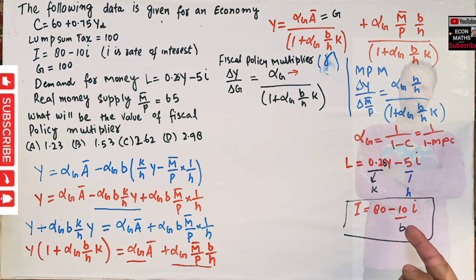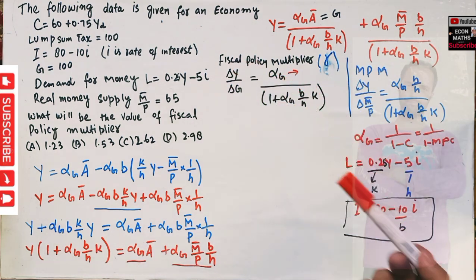So what does this tell us? This is the investment function, which is a negative function of the rate of interest. It shows us the responsiveness of investment to a change in the rate of interest. Simple thing. You don't need to do all this. If you can remember this formula, just plug the values here, and you can find the fiscal policy multiplier.